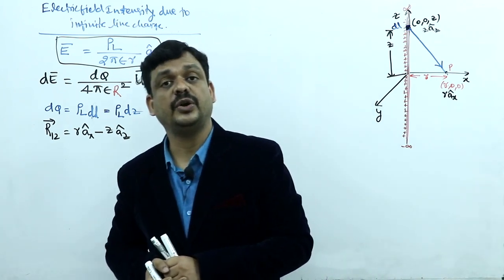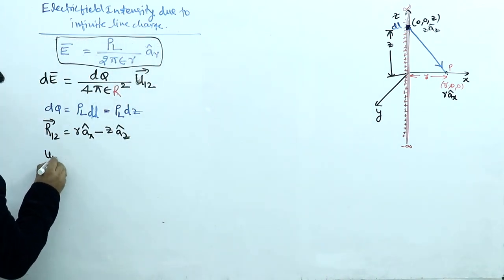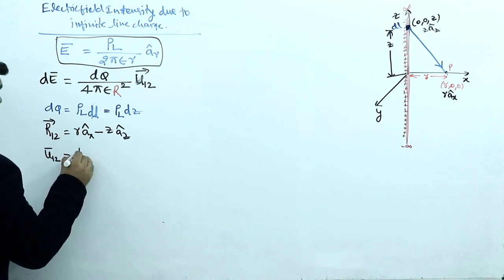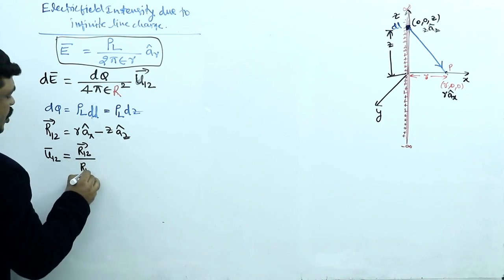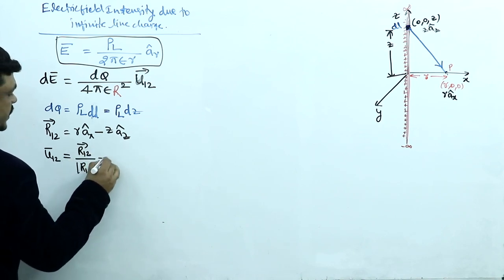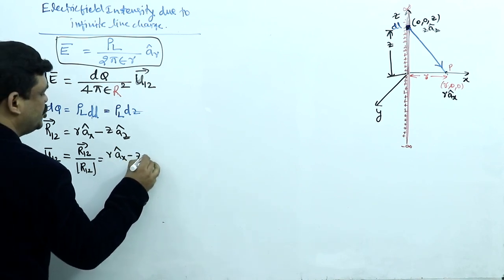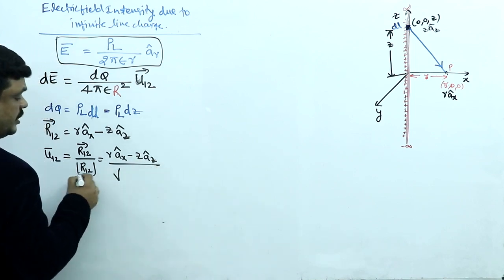And later we have to find the unit vector. So what is the unit vector? The unit vector is the distance vector divided by the magnitude of that distance vector. For that purpose I am writing this: r into ax minus z into az by the distance magnitude.